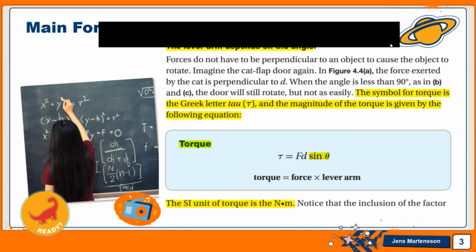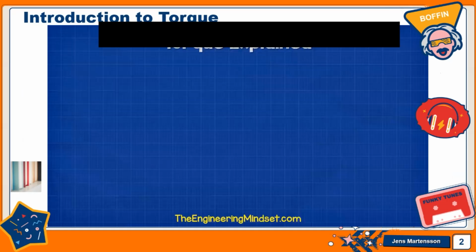We get the magnitude of the torque by applying this simple formula that you see here. The Greek letter tau, which means torque, is going to be equal to the force times the lever arm. The lever arm is going to be the distance from which you are applying the force.